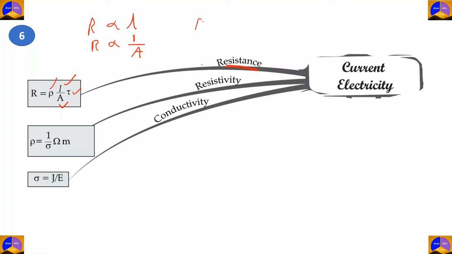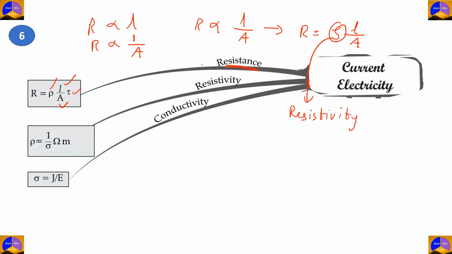Now, we get the relation resistance is proportional to length divided by area. In order to get this into a formula, we use another proportionality constant, which is rho, so R is rho L by A. And this rho was the resistivity we were talking of earlier. This is the amount of resistance present in a conductor of unit length and unit area of cross section.